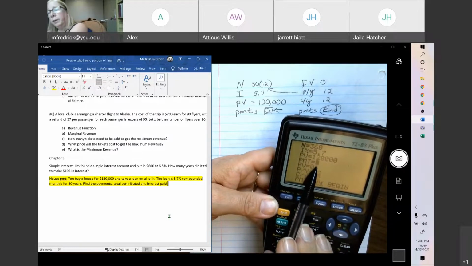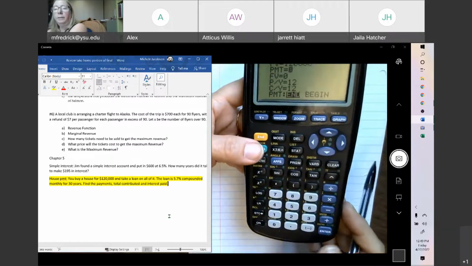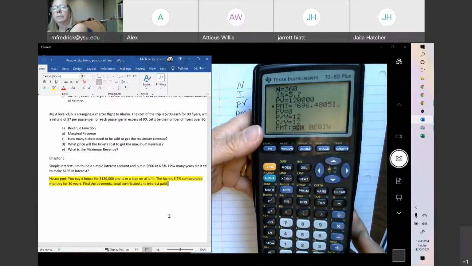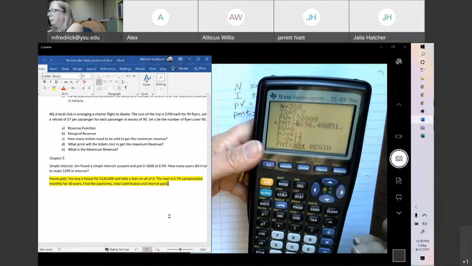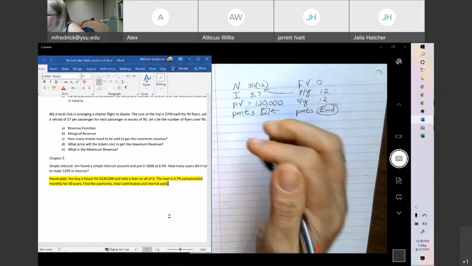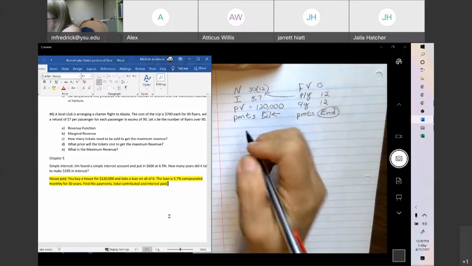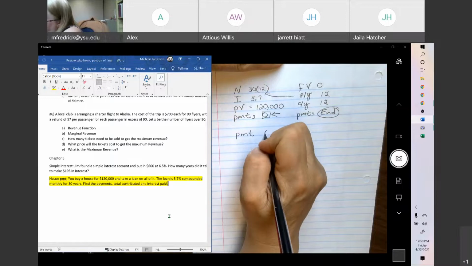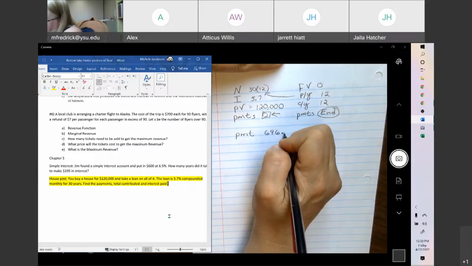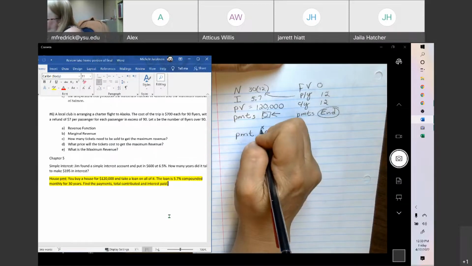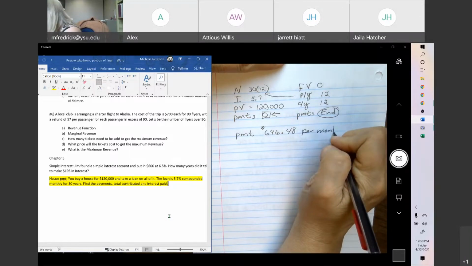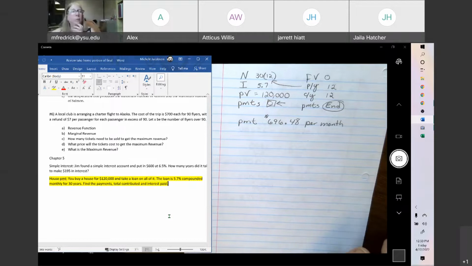Put your cursor there, and then you hit alpha and enter. So our payments are $696 and 48 cents. Any questions on that?